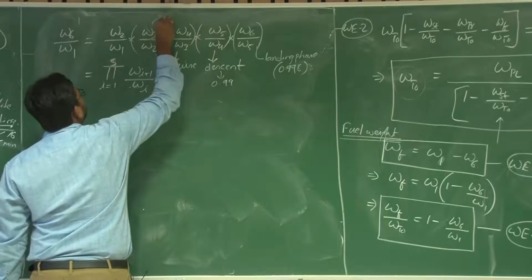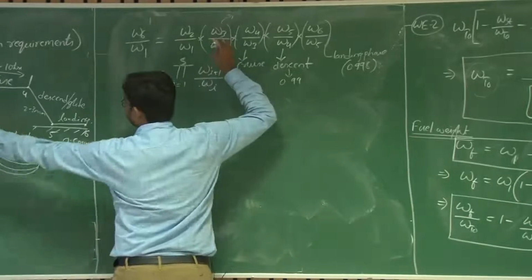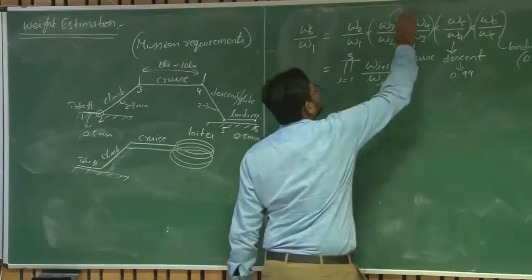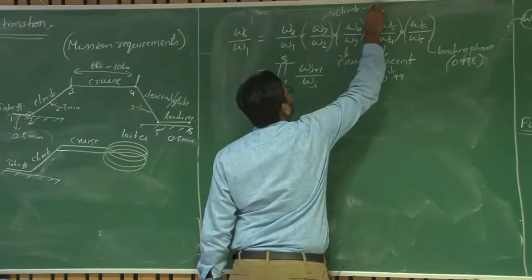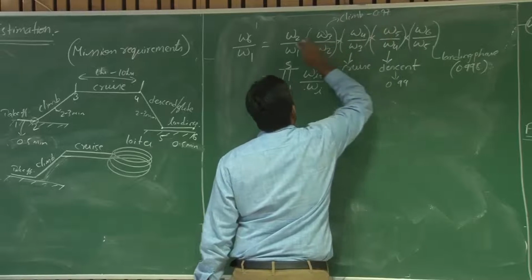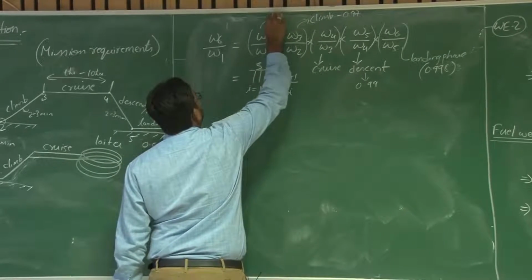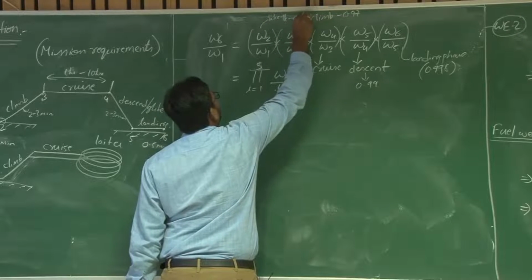So to start with the initial estimate, the unknown is this cruise part, right? Why? Because these other things can be considered from the historical database. This corresponds to the climb phase, and it is approximately 0.97, and this is again 0.98. Takeoff phase, which is 0.98.